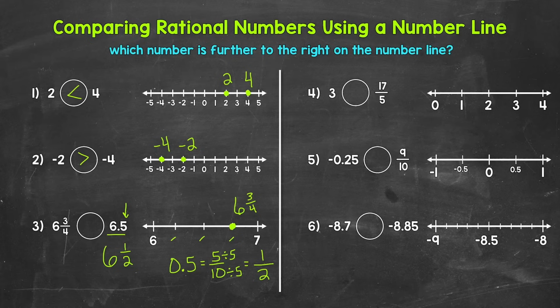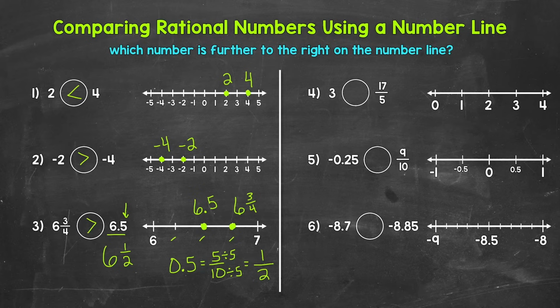And then we have 6 and 5/10, which is 6 and a half. That's right here. And I'll write the original decimal form. So we can see that 6 and 3/4 is further to the right on the number line, therefore greater in value. So 6 and 3/4 is greater than 6 and 5/10.